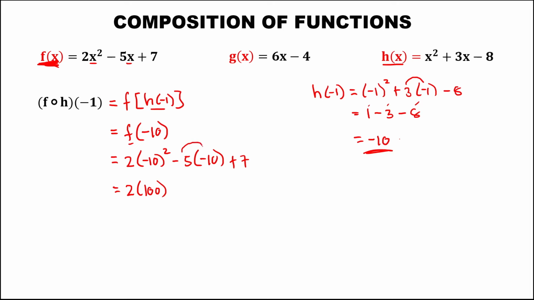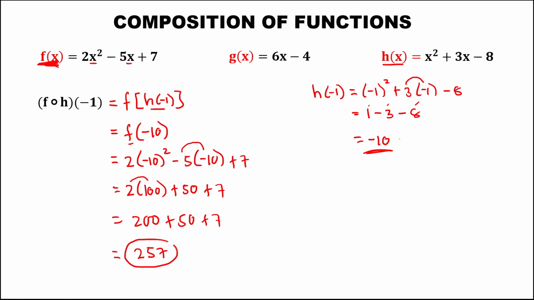Then negative 5 times negative 10 is positive 50, then plus 7. So 2 times 100 is 200, plus 50 plus 7. So this composition is equal to 257.